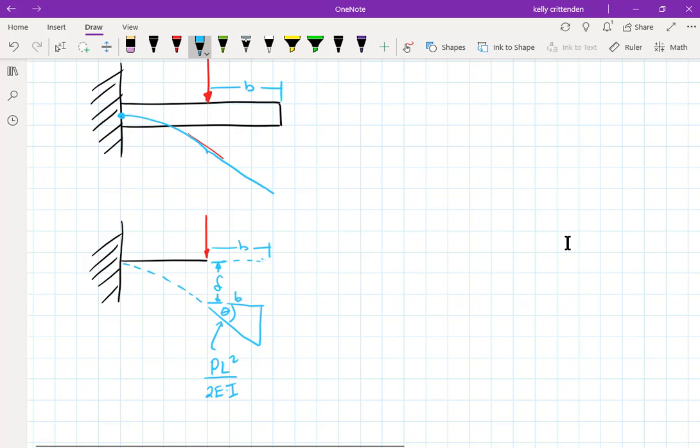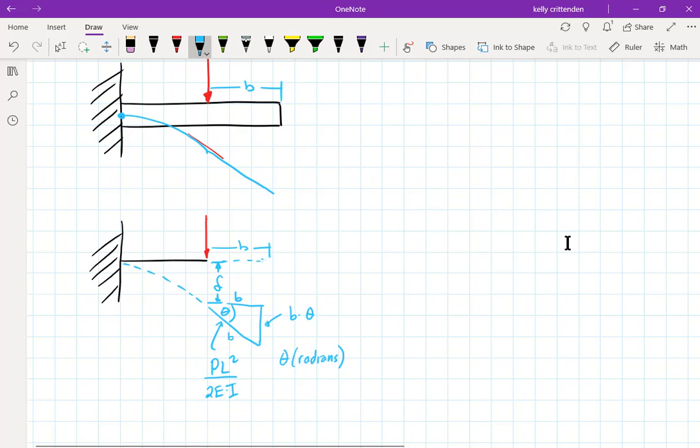And so this is B. You can also treat this as B if you wanted to. Since this is a really tiny angle measure, for this height, the Y that you're trying to tack on to the end of the beam, is B times theta, as long as theta is in radians and really small.